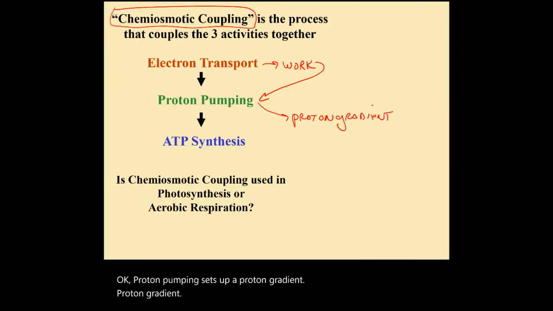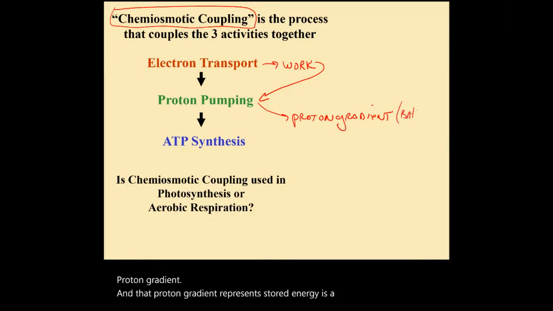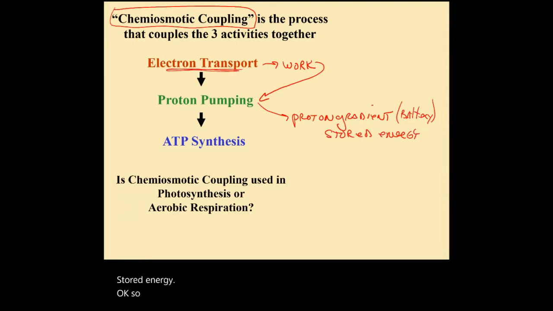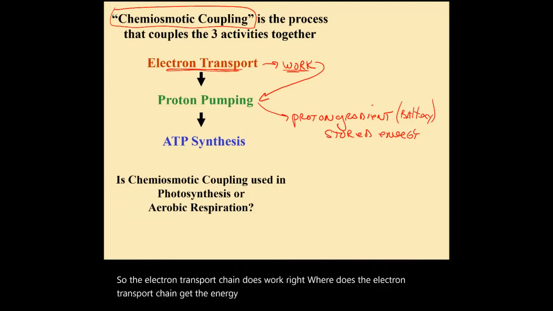And that proton gradient is then stored energy as a battery, right? Battery. Stored energy. Okay, so the electron transport chain does work, right? Where does the electron transport chain get the energy from to do the work?